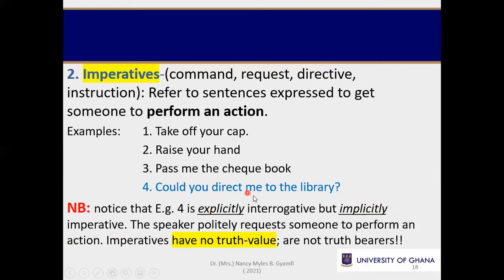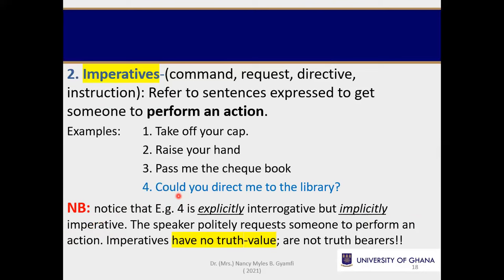So, could you direct me to the library? See a big question mark here. That means on the surface of it, this question 4 seems to be what? Interrogative. It seems as if it is asking a question. That's the explicit meaning, my dear friend. But implicitly, it is an imperative. It's asking you to do. For question 4, it is the implicit meaning that stands out.